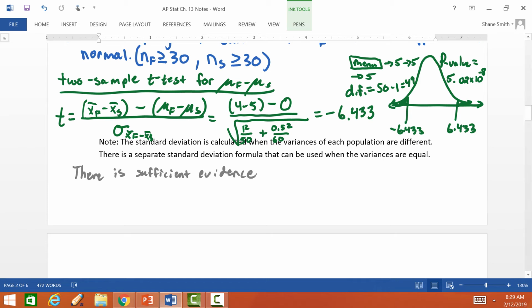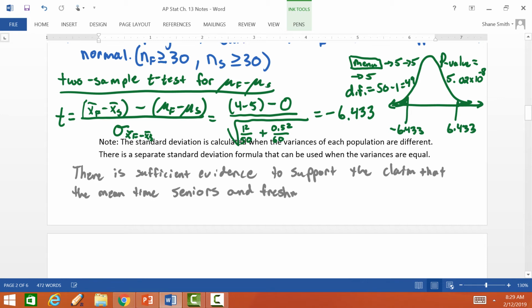So we're going to say there's sufficient evidence to support the claim that the mean time seniors and freshmen spend on homework is different.